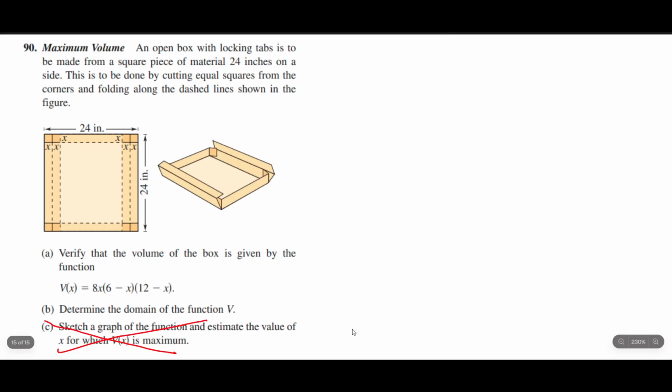That's really important, and it's tough, so we're going to go over it. This is another type of problem you may see even in calculus class.